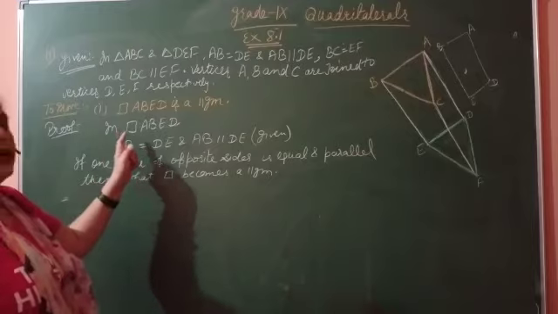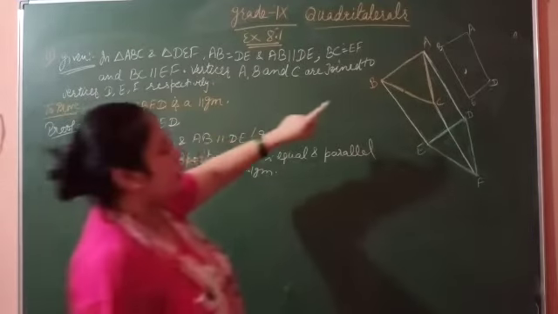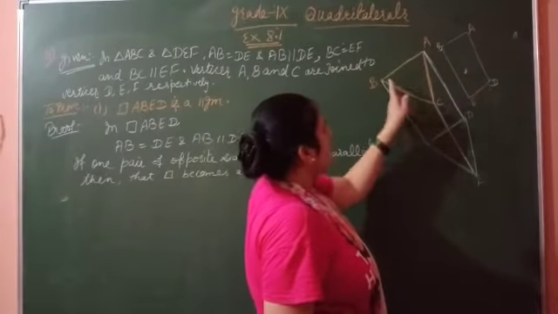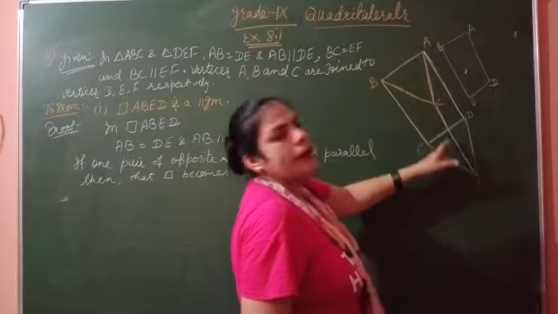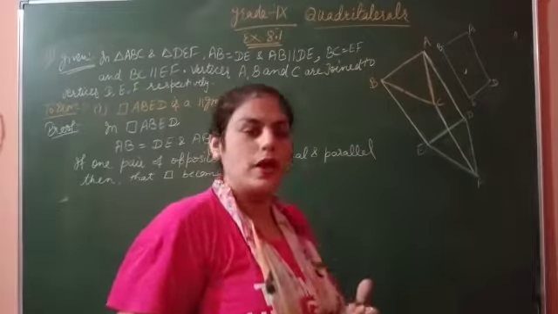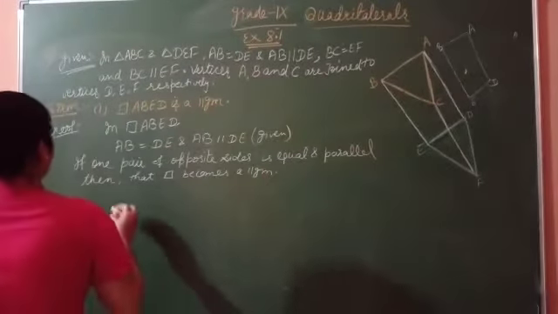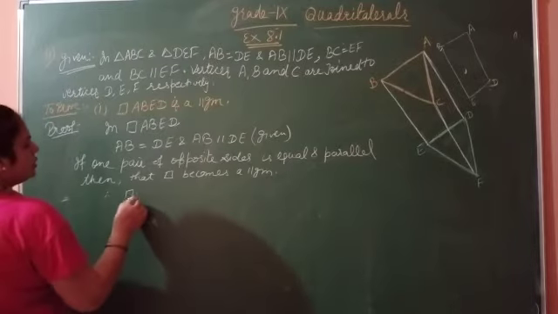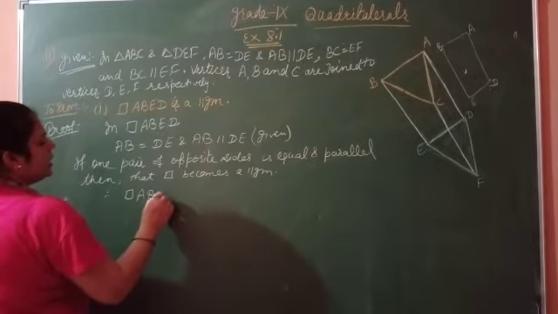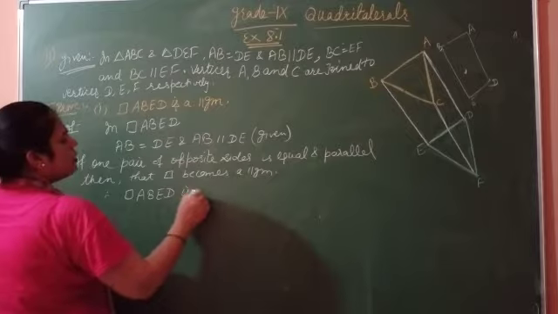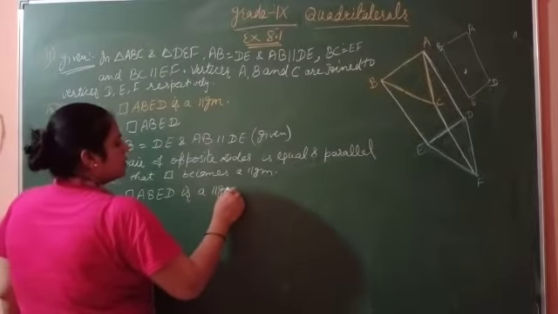Therefore, quadrilateral ABED has one pair of opposite sides equal and parallel, so it is a parallelogram. Clear?